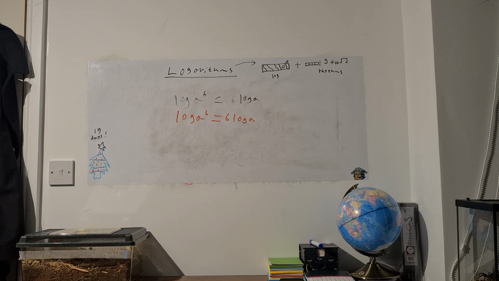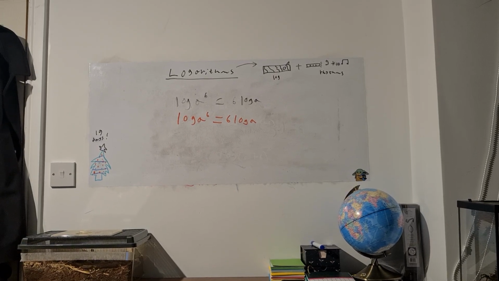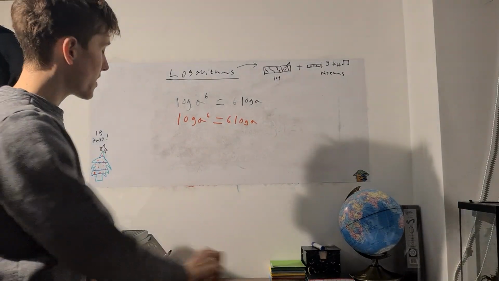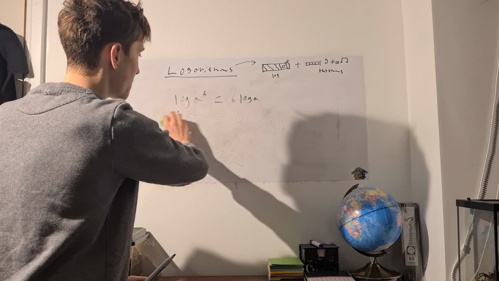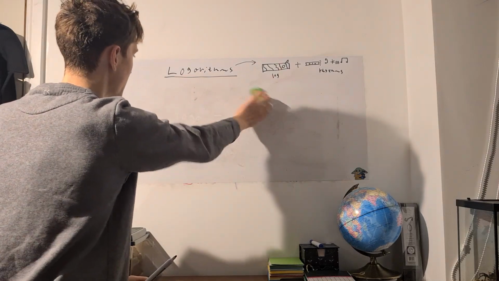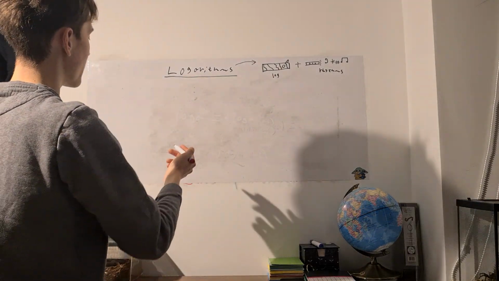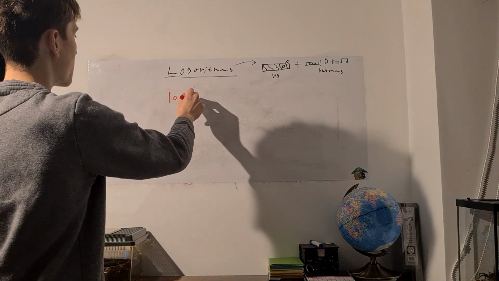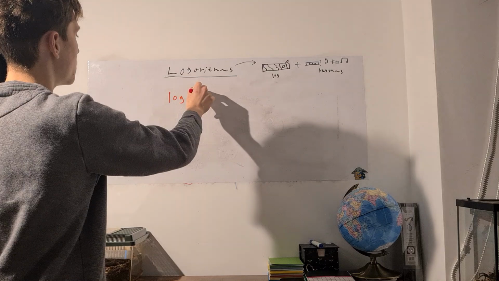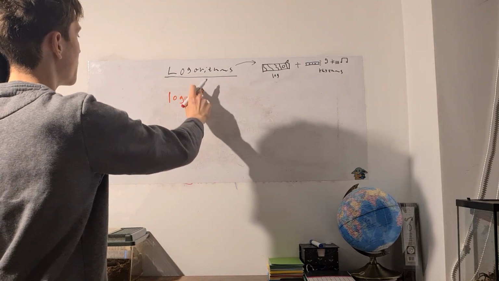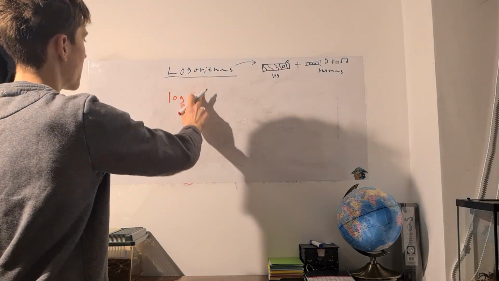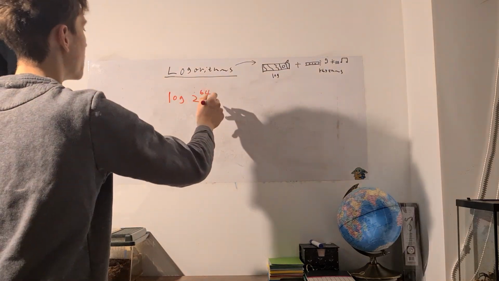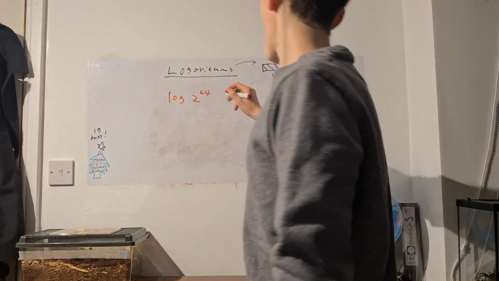Alright. So what we can do with this then is we can simplify our logarithms a little. You can also figure stuff out with them. Say log 2 to the power of 64. We'll do big numbers because that's easy to figure out just in our heads. Yeah, big one.